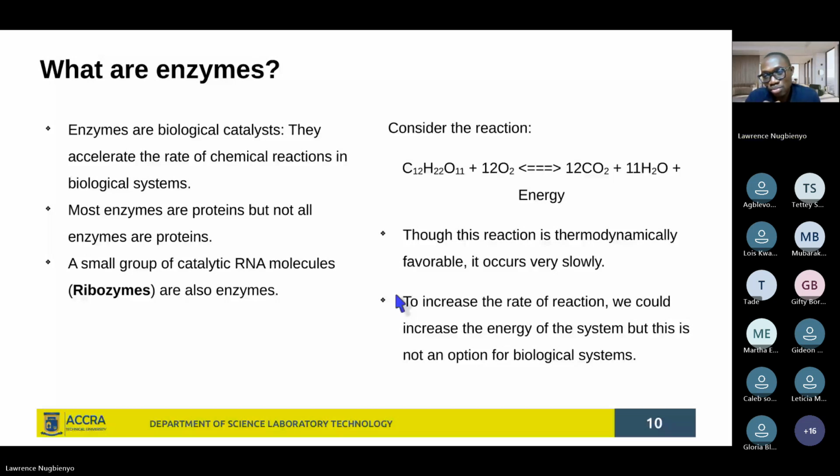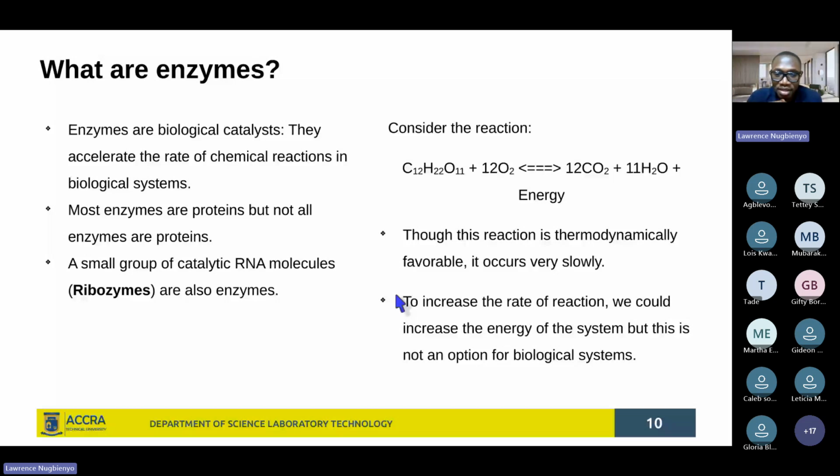Now, most enzymes are proteins, as I said, but of course, you can also have some what we refer to as ribozymes. These are some catalytic RNAs. They are responsible for the metabolism of nucleic acids themselves. So like the breakdown of nucleic acids, you find these ribozymes that are participating in the process, because you have some form of recycling of biomolecules.